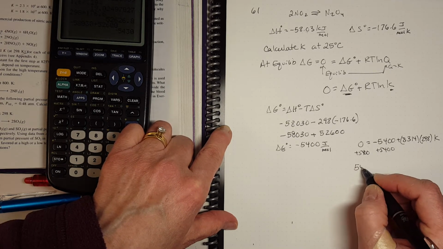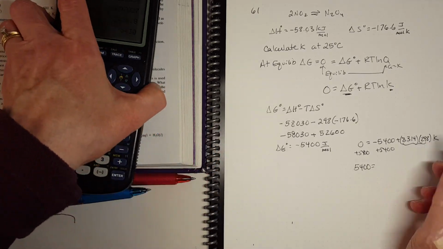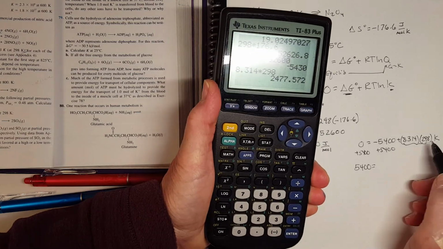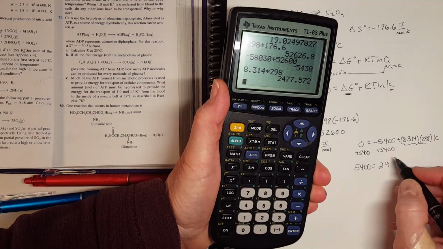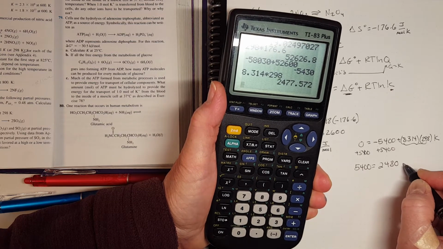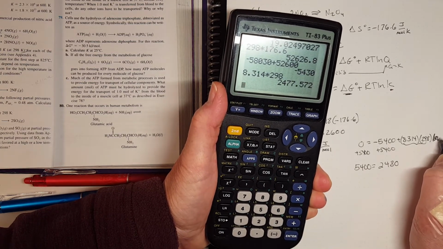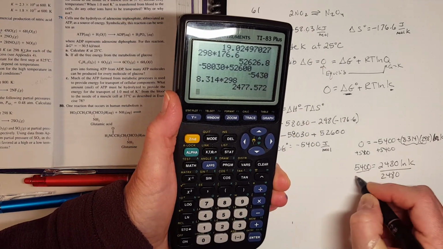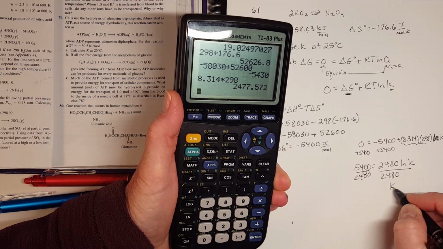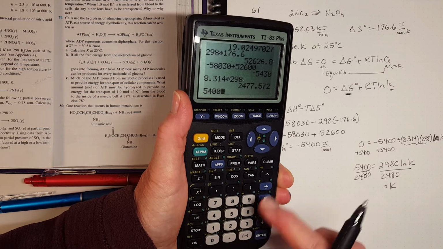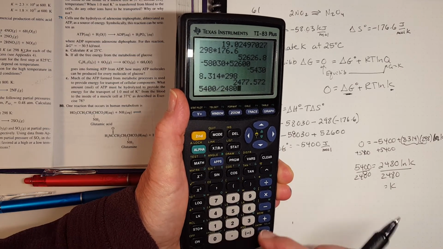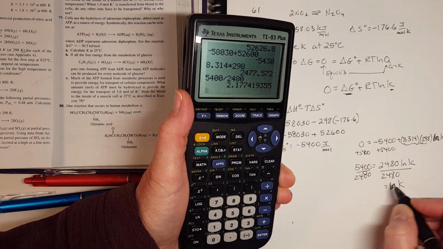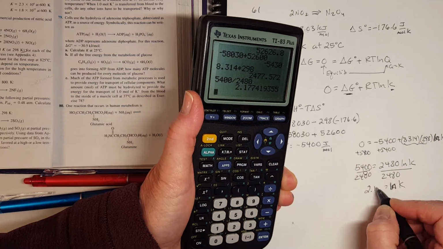And I get 5,400 equals, let me multiply 8.314 and 298, and we get 2480 with sig figs, times the ln of K. Now divide both sides by 2480, so 5,400 divided by 2480, and ln of K is equal to 2.18.